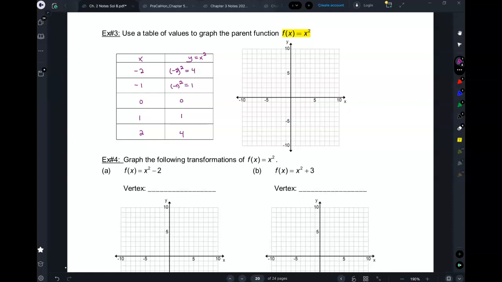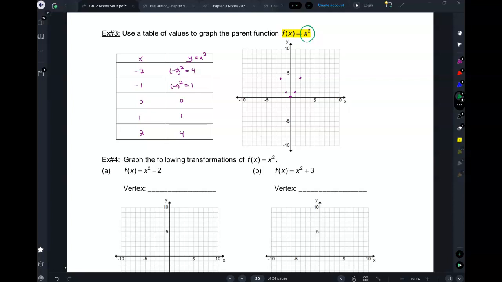Now this is going to be a parabola. This is not going to be a V like before, right? So at -2, I have 4. -1, I have 1. 0, 1, and 4. Okay? Again, this is where you need to know I'm graphing a quadratic equation.